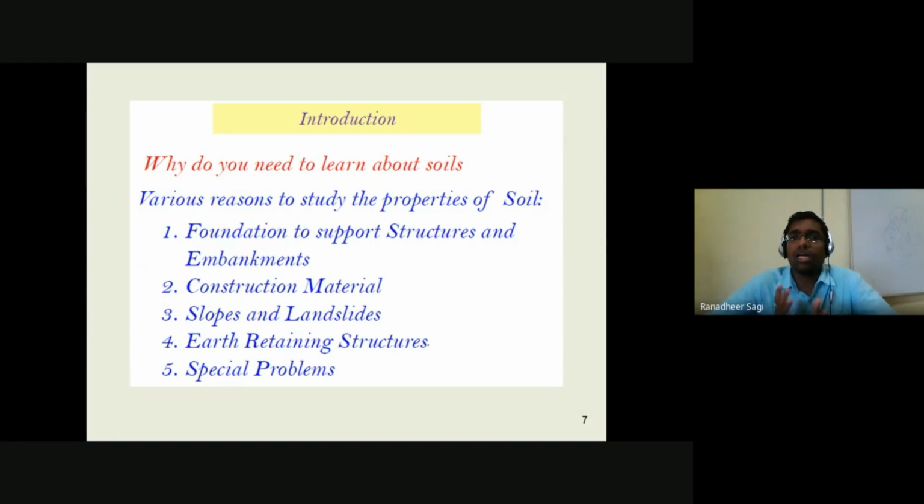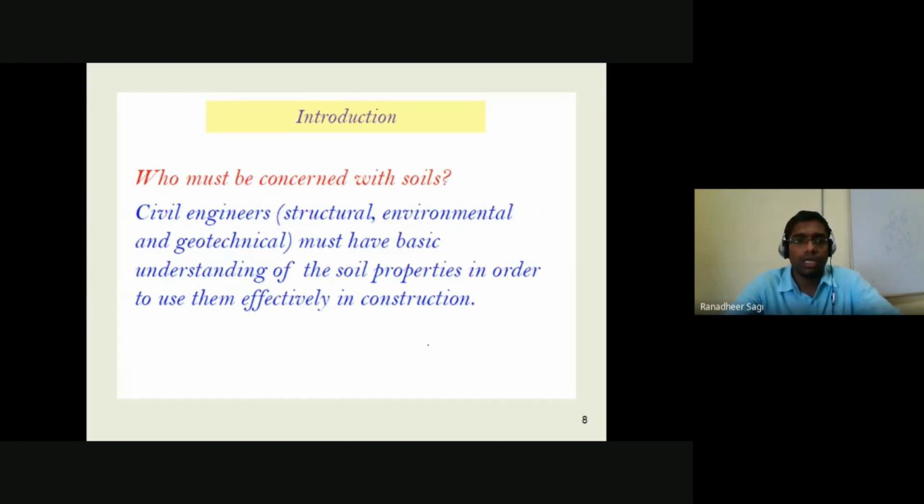In all such places, if we know how the behavior of the soil is going to be, and how the load transfer happens from the structure onto the soil or from the soil onto the different structural elements, then only will we be able to understand the behavior of the structure designed on that soil.